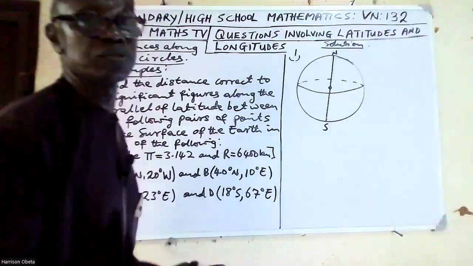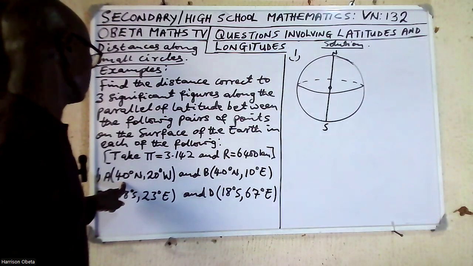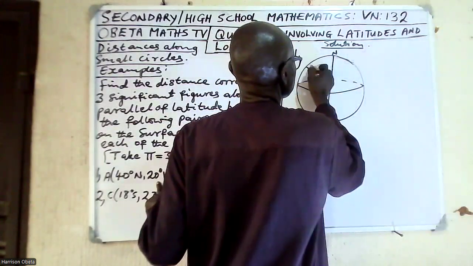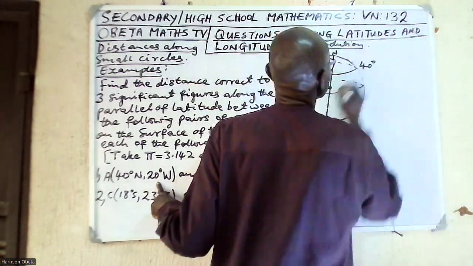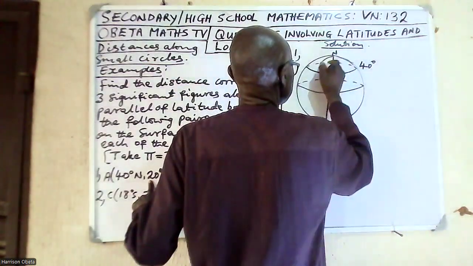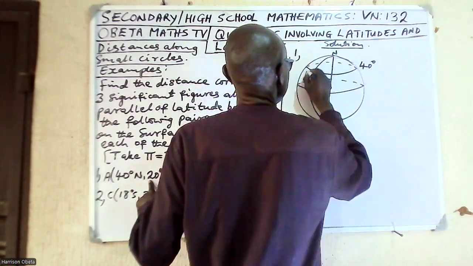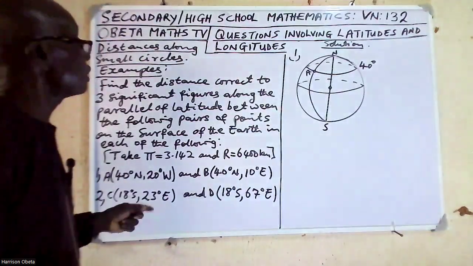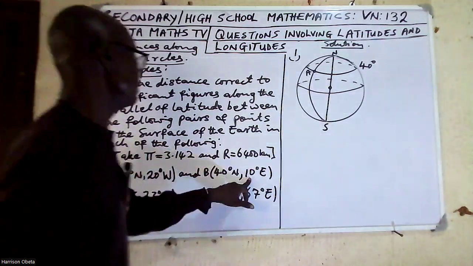We have north and south poles. So we now indicate the first one, 40 degrees north, 20 degrees west. So this should be our A. And then moving on, try to locate the other one. 40 degrees north also, but 10 degrees east.